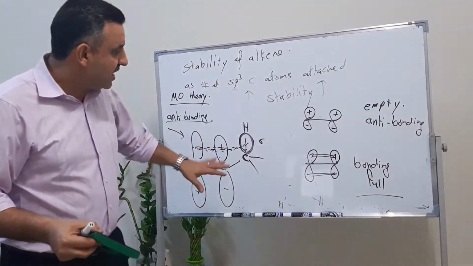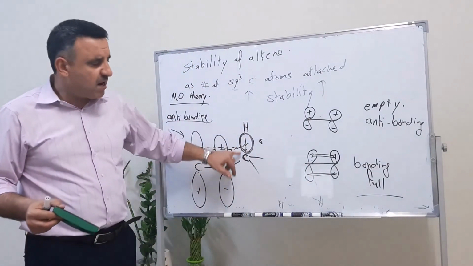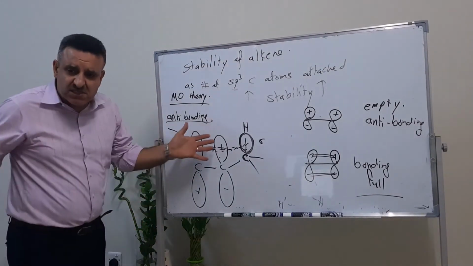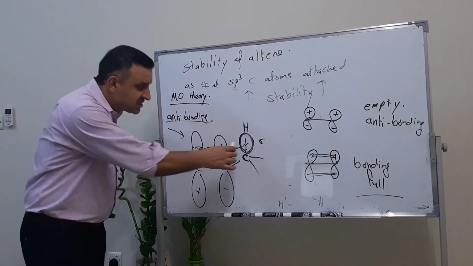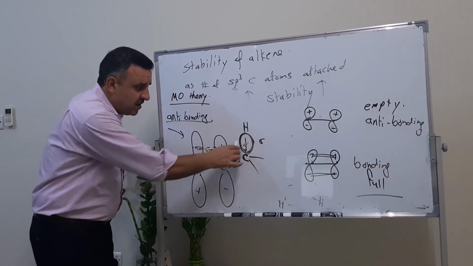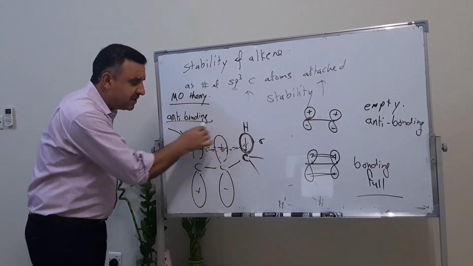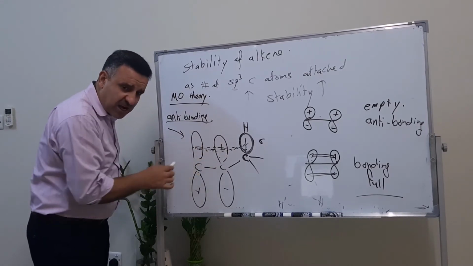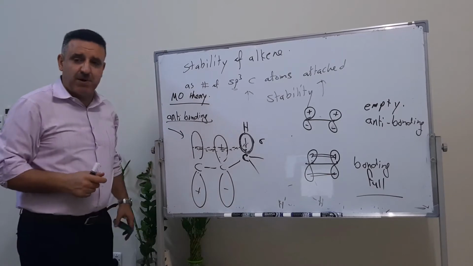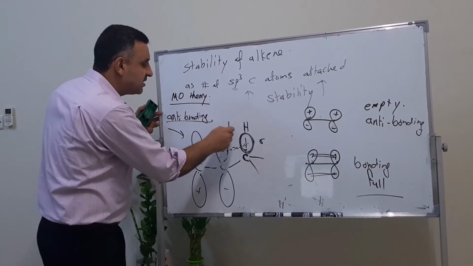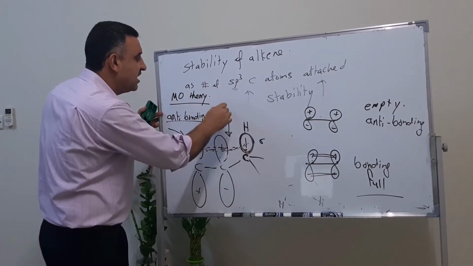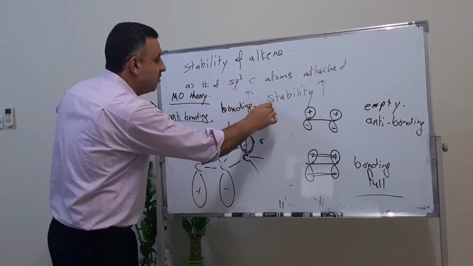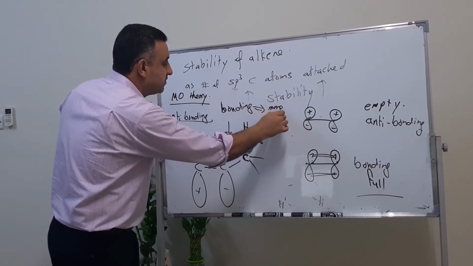Of course not. The carbon to hydrogen has its own bond, and the carbon double bond carbon system is its own system. But there is some sort of interaction between the empty anti-bonding orbital in the carbon double bond carbon system and the sigma bond. This interaction is simply more bonding, which means more stability.